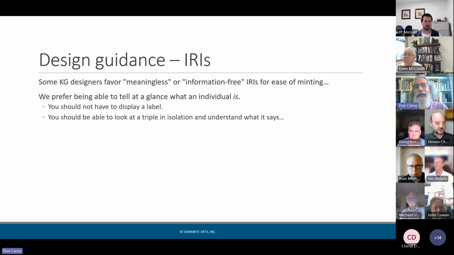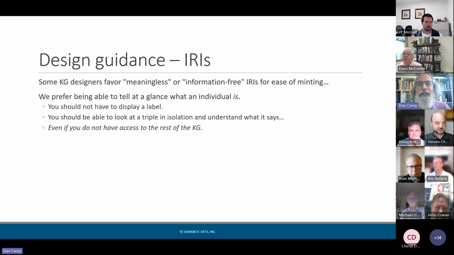And you should be able to look at a triple in isolation and understand what it says. Like I said, it's a sentence-like structure. It should make sense like a sentence. And this should be true even if you don't have access to the rest of the knowledge graph.